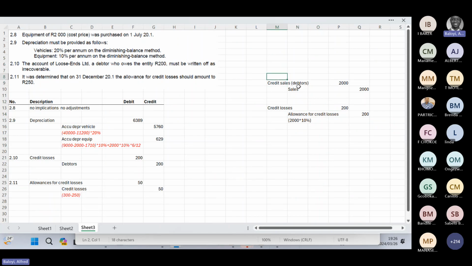For example, if this was 20.0, now in 20.1, if you believe that this amount must be increased or decreased, this is what happened here with this account.